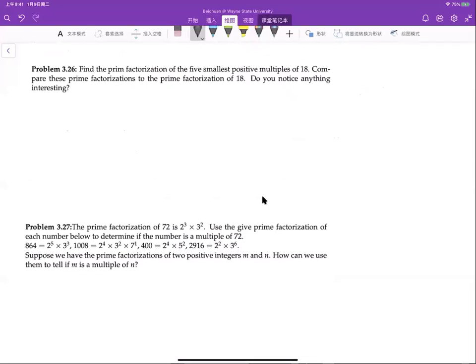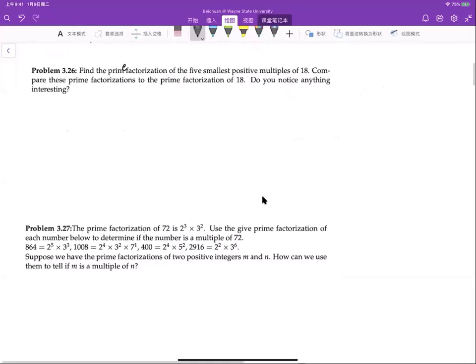So, there's a typo. Find the prime factorization of the 5 smallest positive multiples of 18. Compare these prime factorizations to the prime factorization of 18. Then do you notice anything interesting?